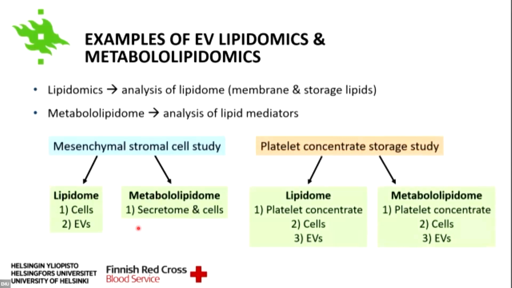Then there's also a study with platelet concentrates and their storage time. There we analyze the lipids and lipid mediators from the whole concentrate, the platelets, the cells, and also the EVs.